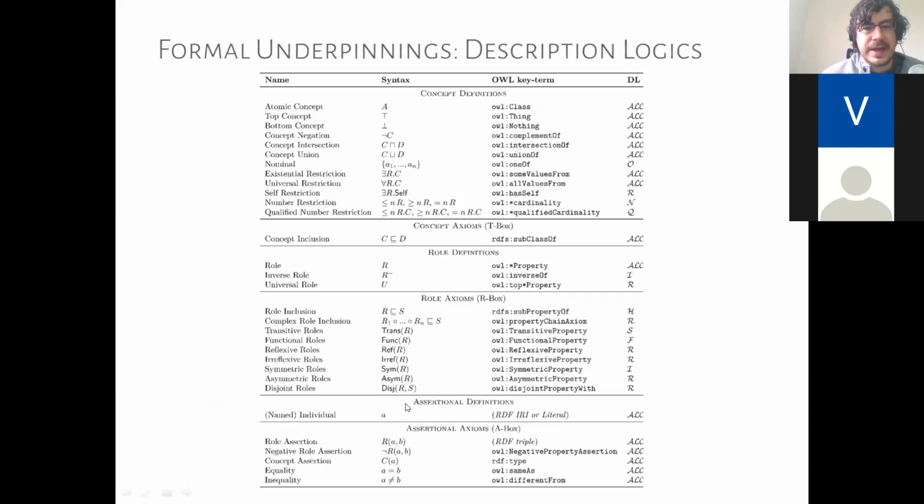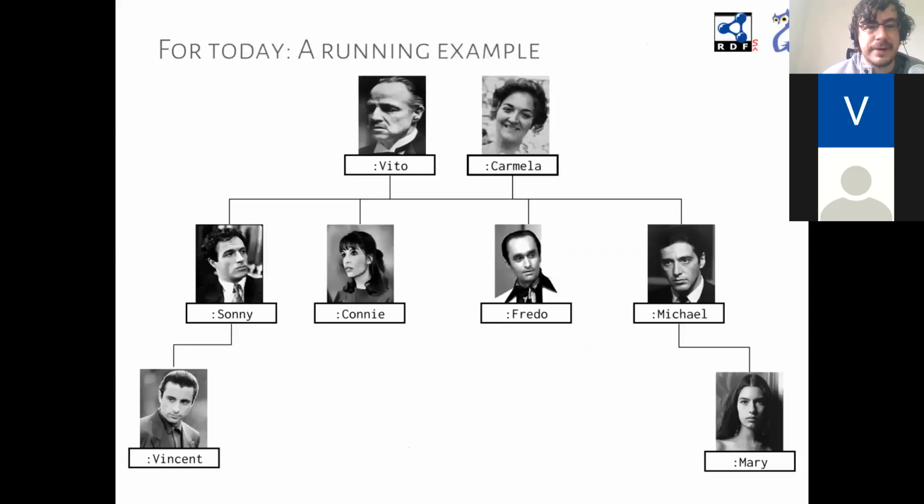It's quite a complex standard, and it has some formal underpinnings in description logics, which are a fragment or subset of first-order logic designed to be decidable to allow for reasoning algorithms. I'm not going to speak too much about this table. We'll use some symbols later, but I'll explain them as we go. So there is a logical underpinning for OWL.